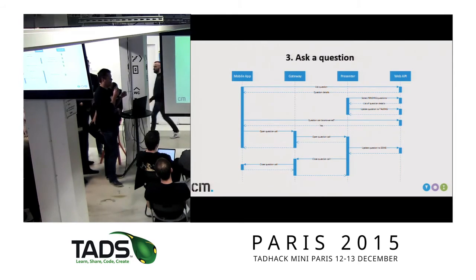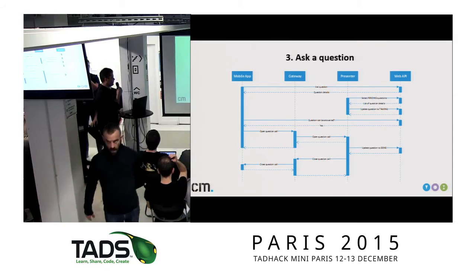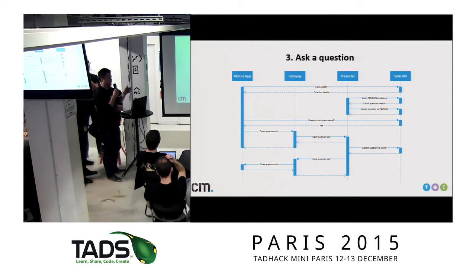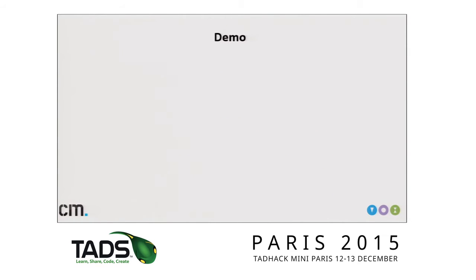The presenter can say, well, I'm done using the presentation, and you can click on the question you want to answer. As soon as that happens, the app knows, hey, I'm next up for asking the question, and then it creates a VoxImplant connection with the presenter, and then a video connection is made, and you can actually ask your question, which will be shown in the next demo.